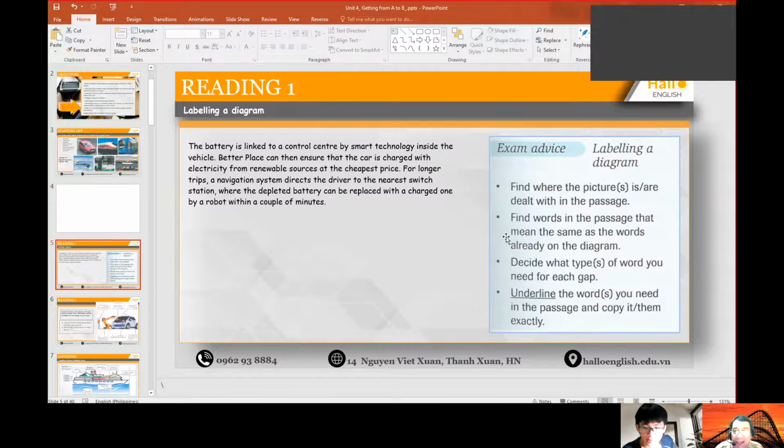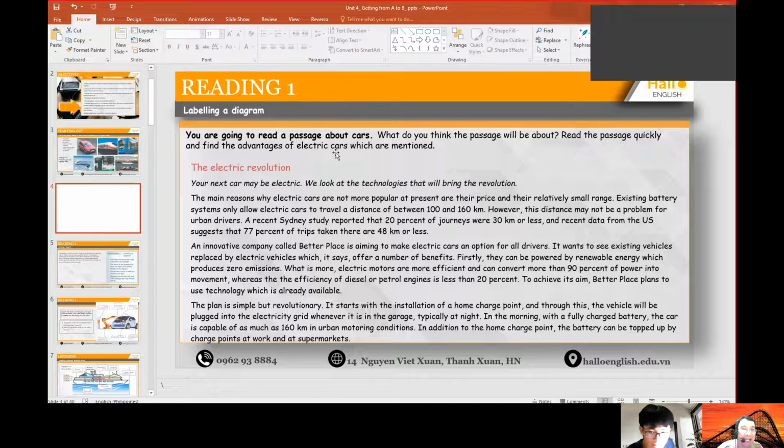Yes. Then the second one, find words in the passage that mean the same as the words already on the diagram. Yes. So the one that we did a while ago, we find the words in the passage that mean the same. Like for example, advantages of electric cars, right?